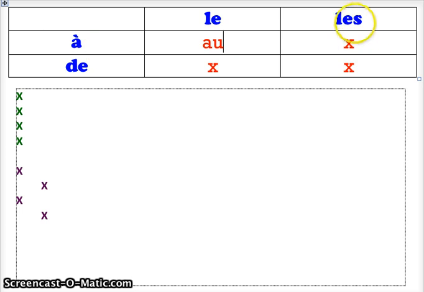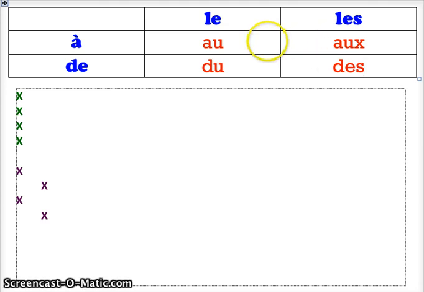When à is followed directly by les, they form a contraction and they become aux, also pronounced o. When de is followed immediately by le, they form a contraction, and that is du. When de is followed immediately by les, they form a contraction, and the new word is des.